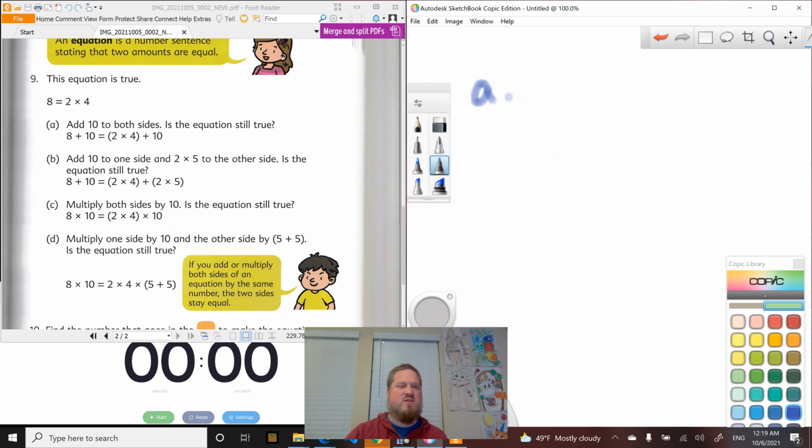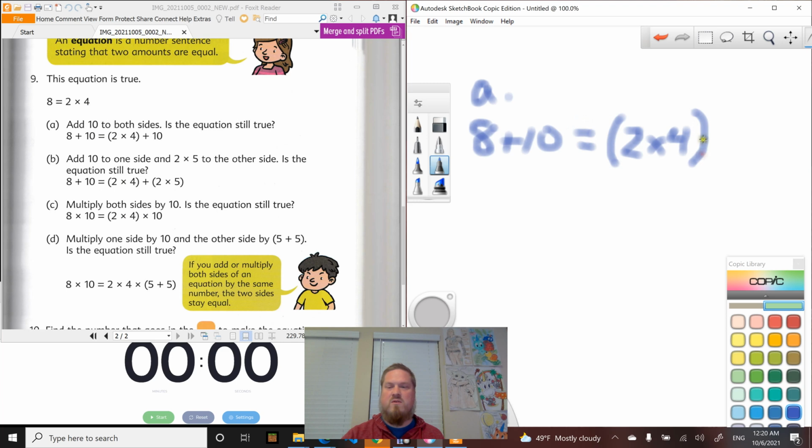Is the equation still true? Let's write it out. Eight plus 10 equals, now we're using parentheses, 2 times 4 plus 10.